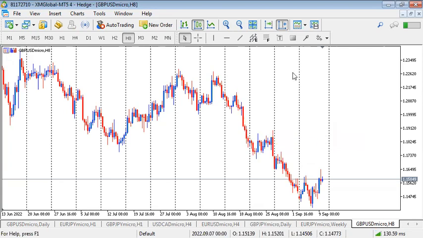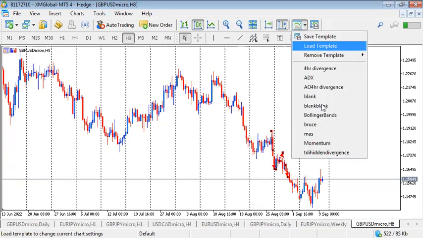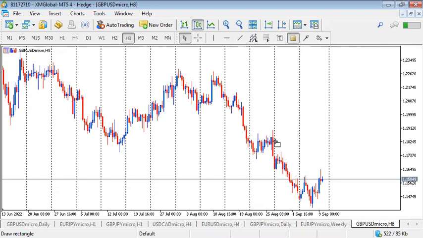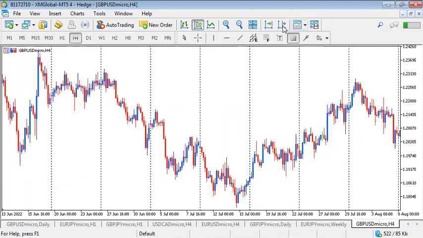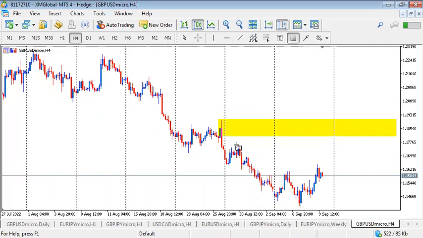Then further down, you also have another drop, base, drop. So you have two valid supply zones. This is one. Let's use the 4-hour. That is one, and that is one.